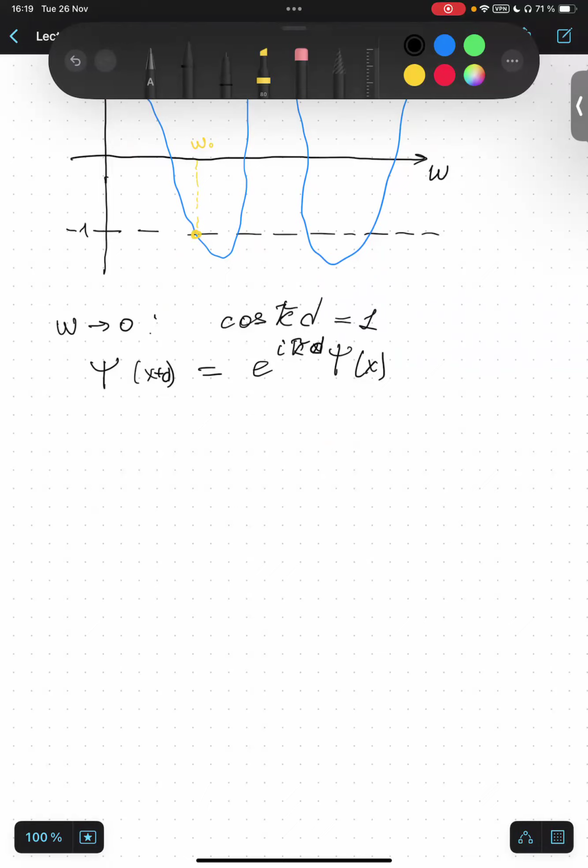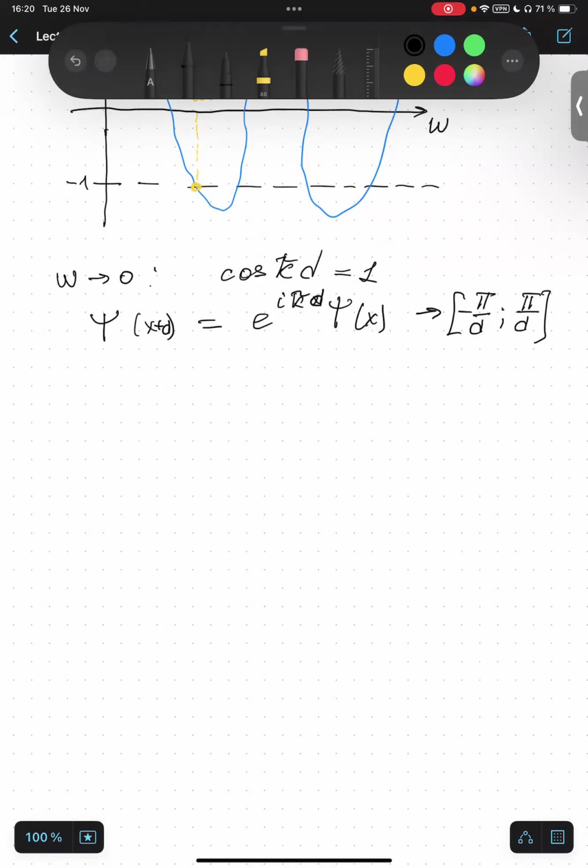So from this Bloch theorem, we know that all our independent solutions lie in the region minus pi over d to pi over d, which is actually called the Brillouin zone. I'm sure that you heard some words about this.